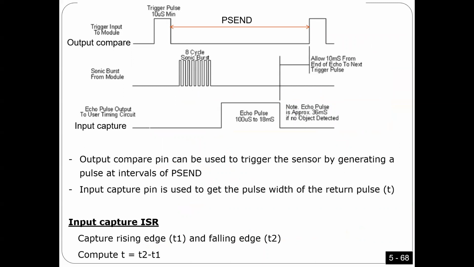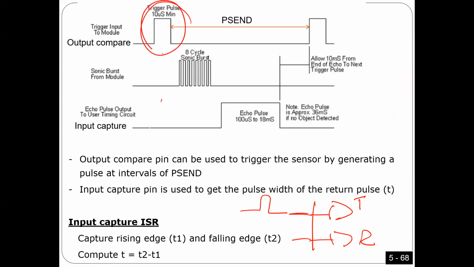In this sensor we have a transmitter and a receiver. If you want to do a measurement, you have to generate a pulse on the transmitter, as you see here. Once I generate this pulse, you are triggering the transmitter.